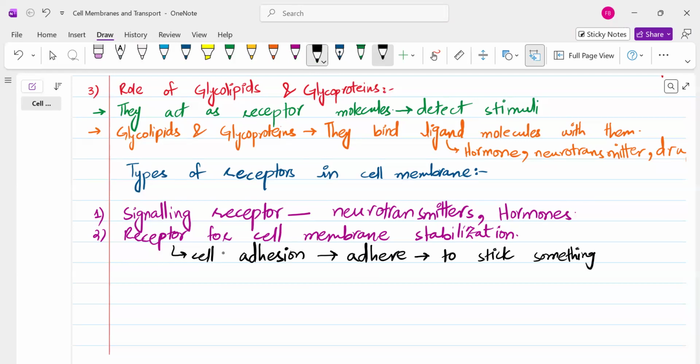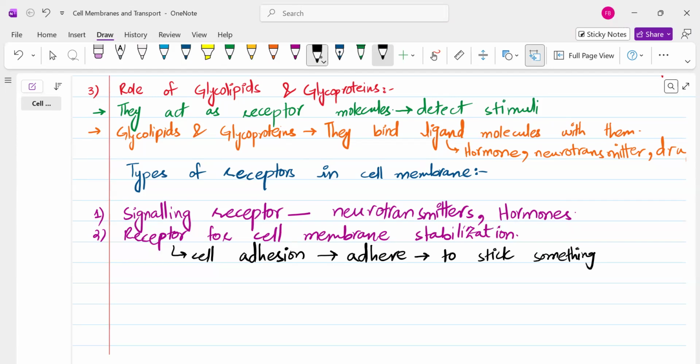So such types of receptors work like this: they bind some of the substances on the cell membrane. So this is the second type of receptor.